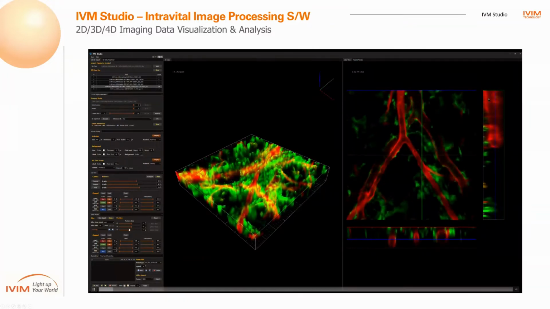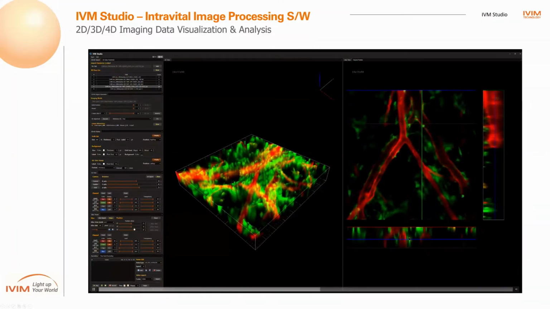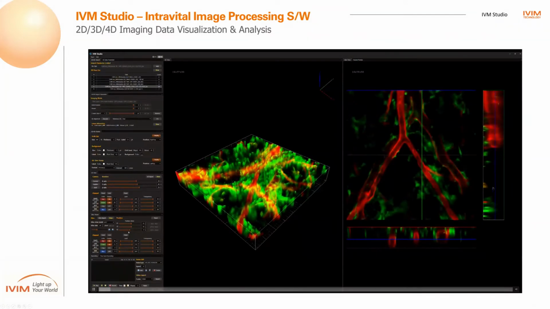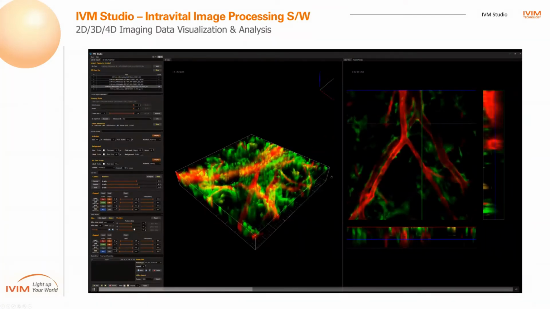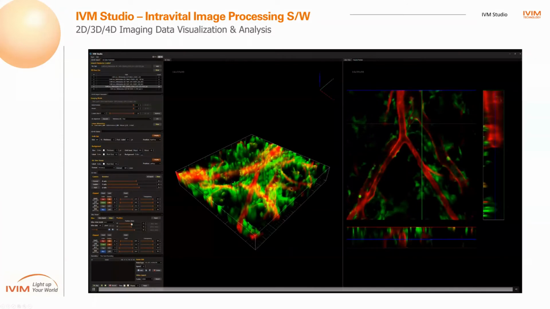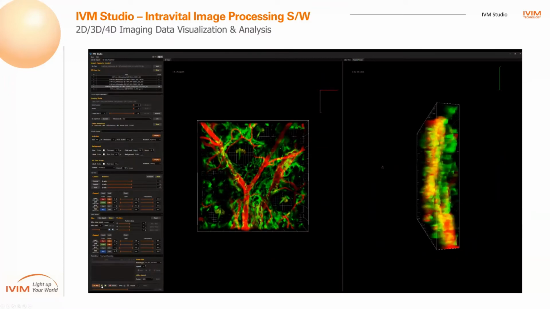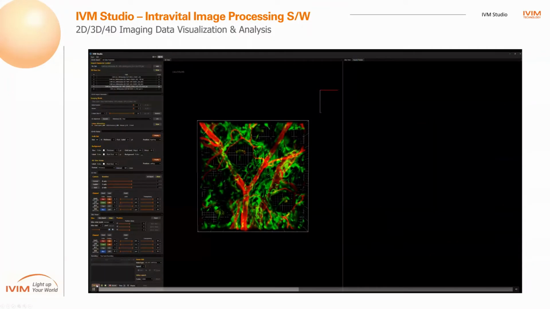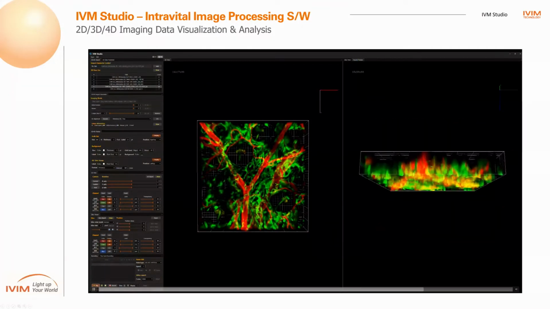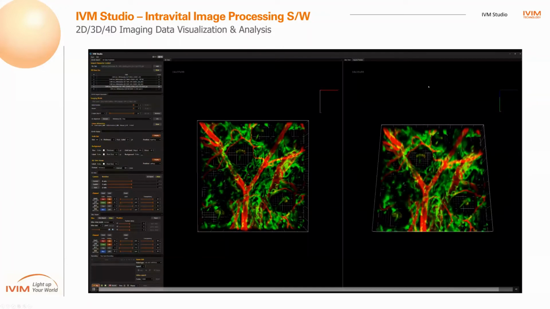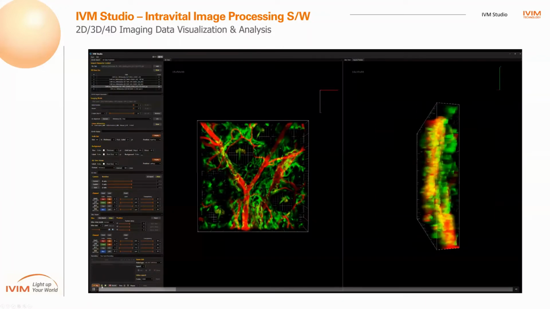So again, you can see this oblique view, and you can also see the sectioned images in 3D from this Z-stack time-lapse 4D data set. And of course, you can use this kind of 4D data set to observe the movement of cells in the live tissue.